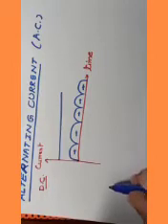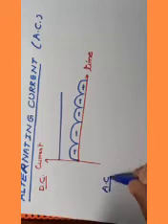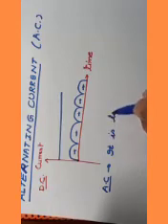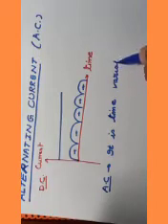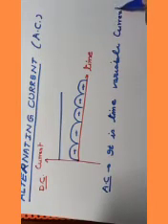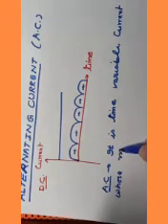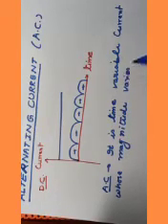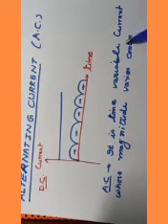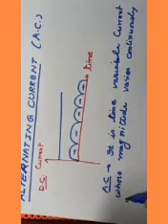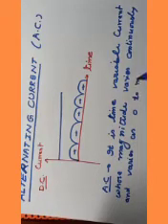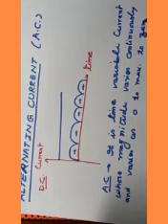It is represented as, you can see in case of AC, it is a time variable current whose magnitude varies continuously, varying from 0 to maximum to 0 with changing polarity.